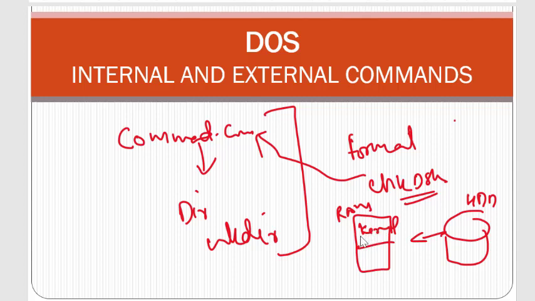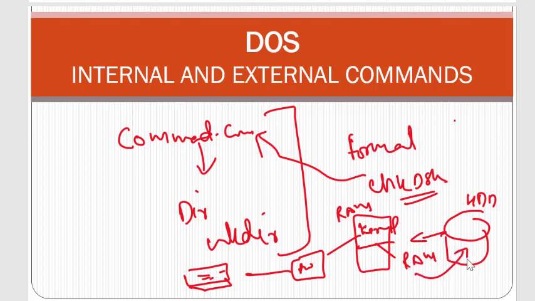Only those commands are going to be run by the processor and then shown on the monitor. But there are many such commands which DOS can run, but right now they are not in your random access memory. So you have to fetch those commands from the hard drive into the RAM, then execute them.